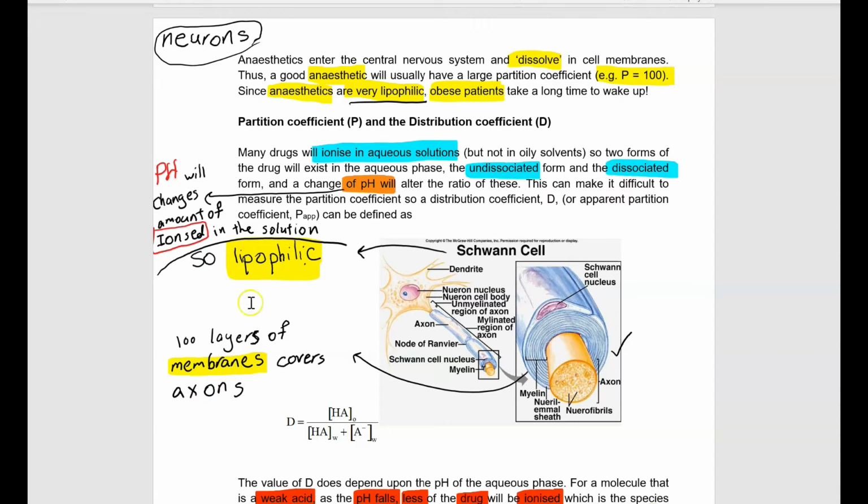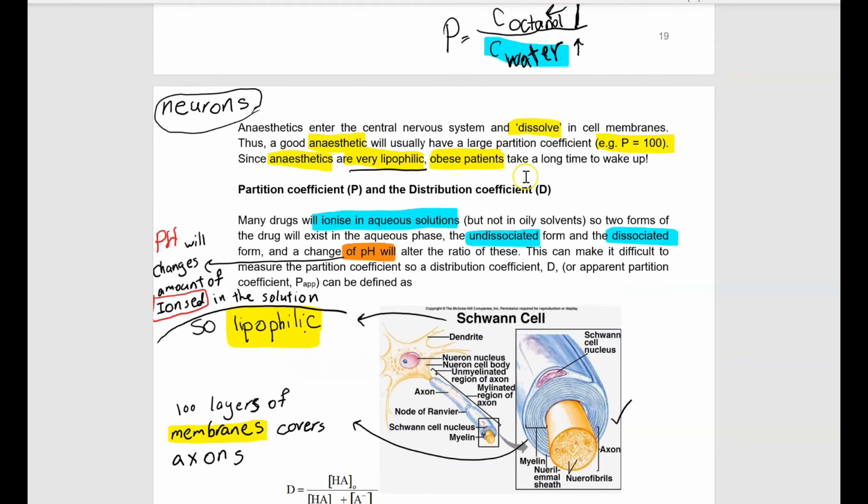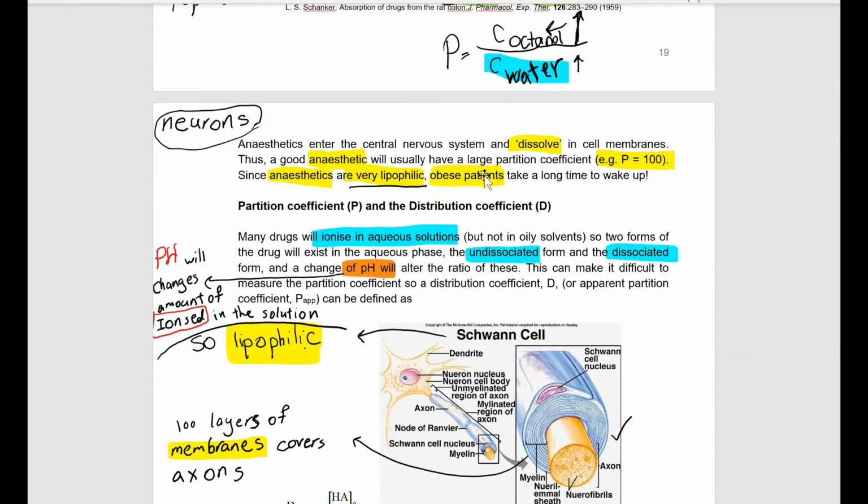Membrane is so lipophilic that your drug should be really lipophilic. Most anesthetic medications have to be dissolved into your octanol, and none of them dissolve into the water.